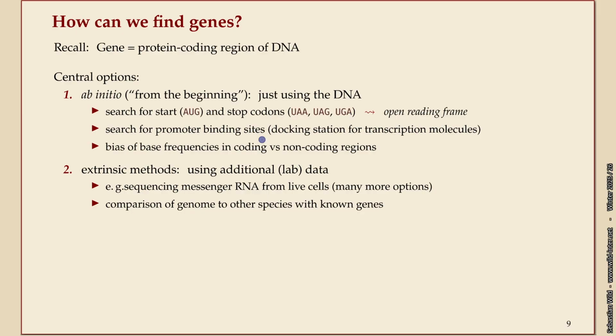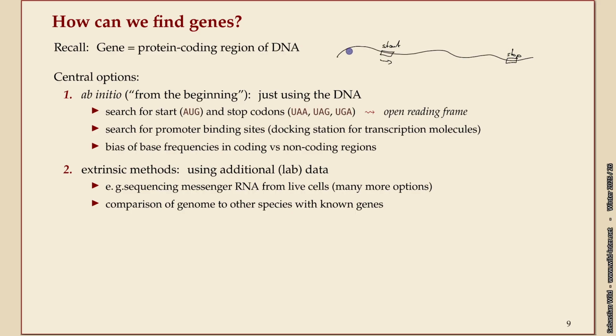There's another thing. Usually, to start the translation, remember this fat brown blob that was kicking off the translation in the video, the RNA polymerase. This has to somehow attach to the DNA. If you think about the DNA strand, say here's the start codon, and then you keep reading and there's a stop codon somewhere here.